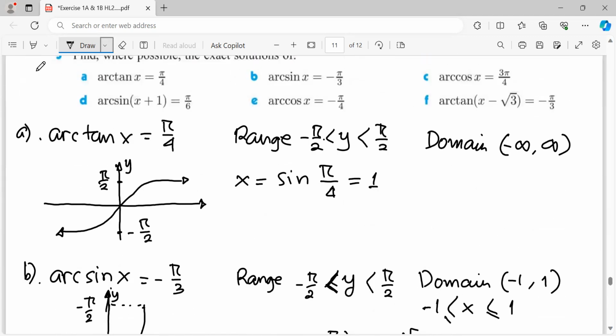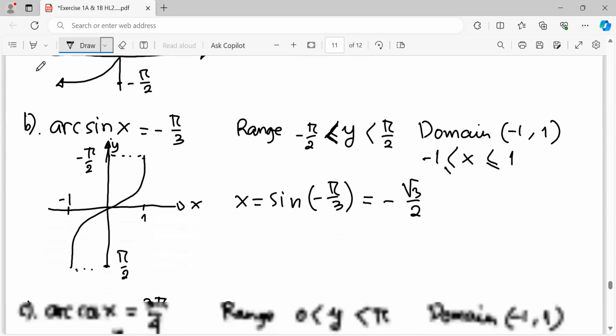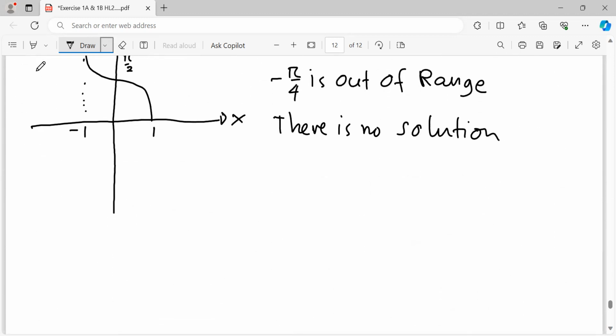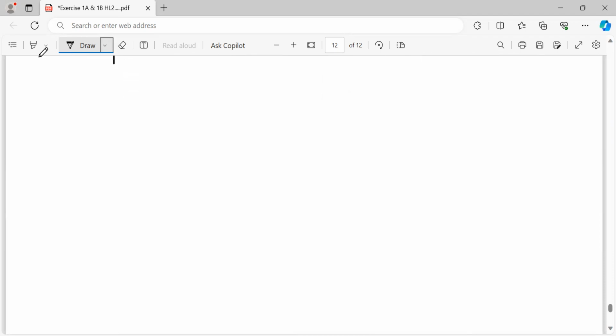All right. To continue to F, arctangent of x minus root 3 equals minus pi third. I will sketch this graph first.